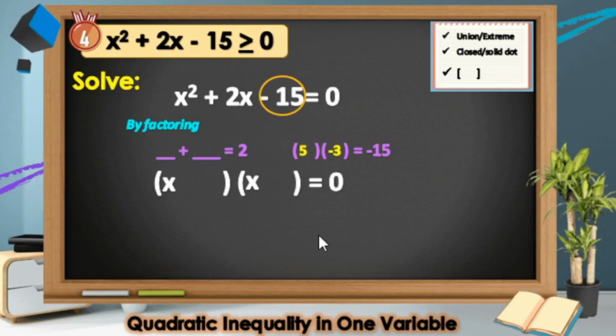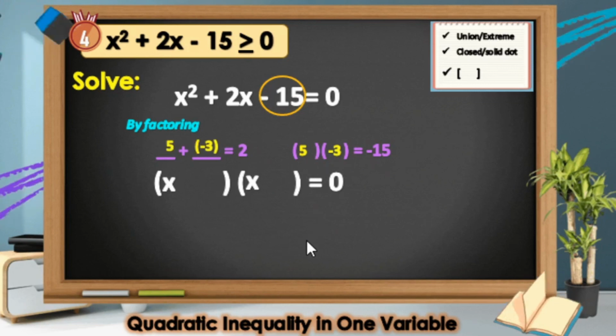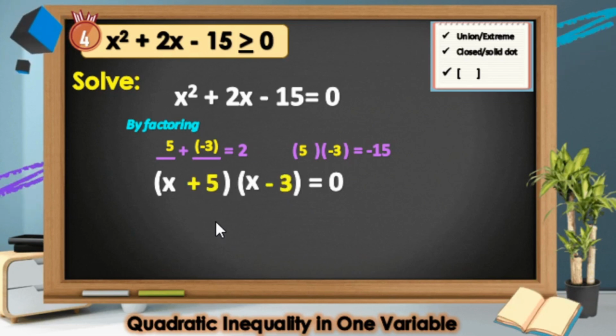So we have 5 and negative 3. So therefore, 5 times negative 3 is negative 15 and 5 plus negative 3 is 2. And then, ang kukumpleto sa ating binomial ay positive 5 and negative 3. So therefore, we have x plus 5 multiplied by x minus 3 is equal to 0.